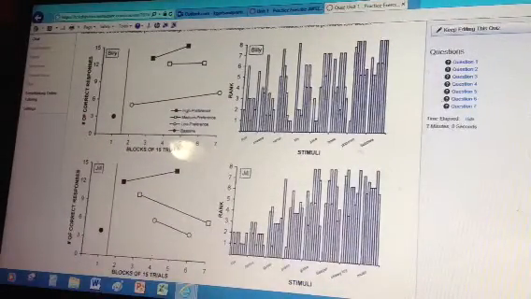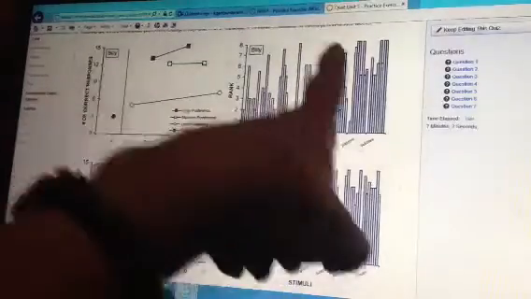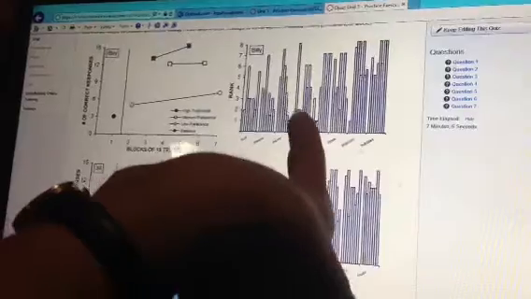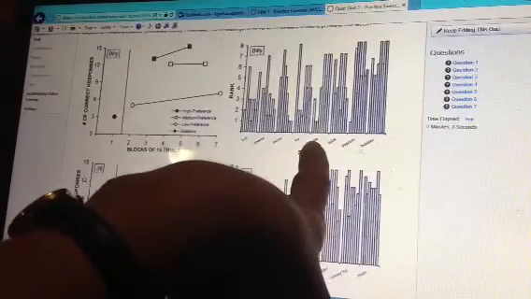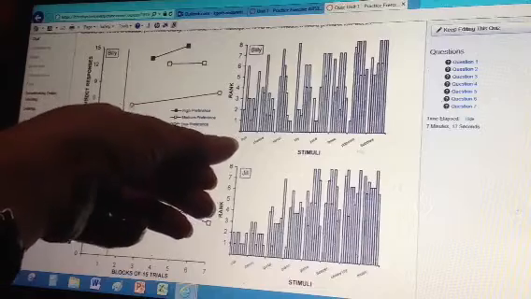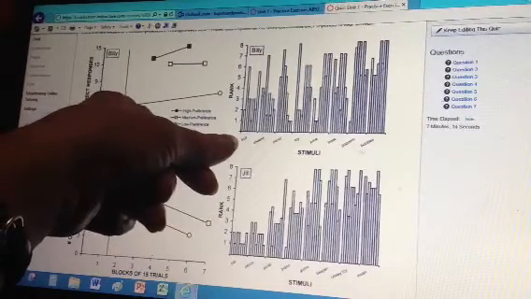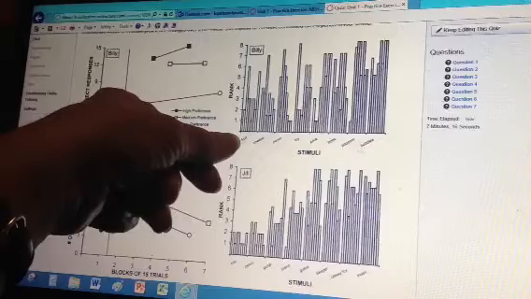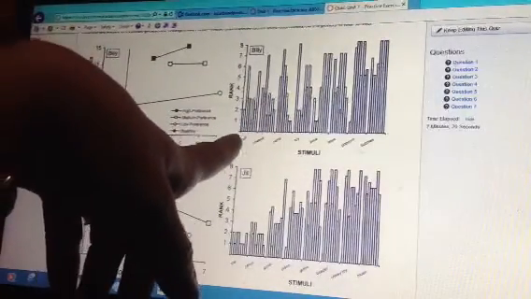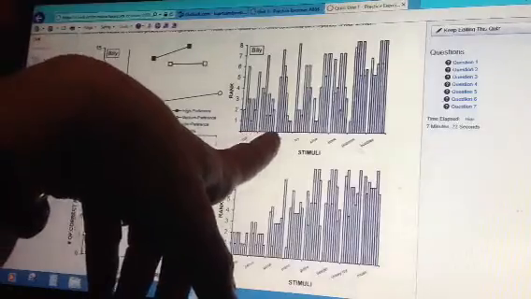Just understand that the first thing they did was the Stimulus Preference Assessment, the SPA. That is recorded here with this bar graph. And they did this preference assessment 8 different times, so there are 8 different bars, one for each assessment, all over each different stimuli.